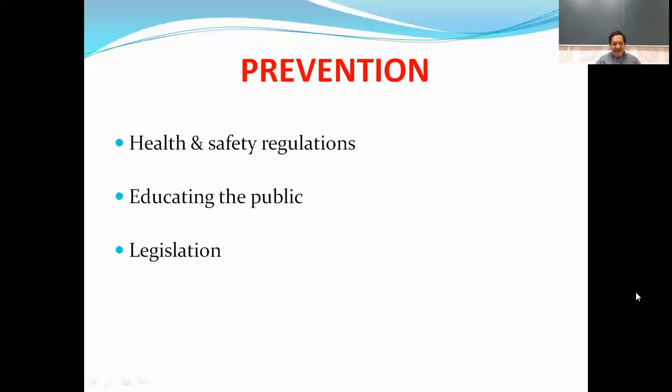Prevention: how to prevent burns? Health and safety regulations, educating the public, legislation. We have seen how pressure cookers and gas stoves are modified with more safety precautions, and smoke detectors, education.